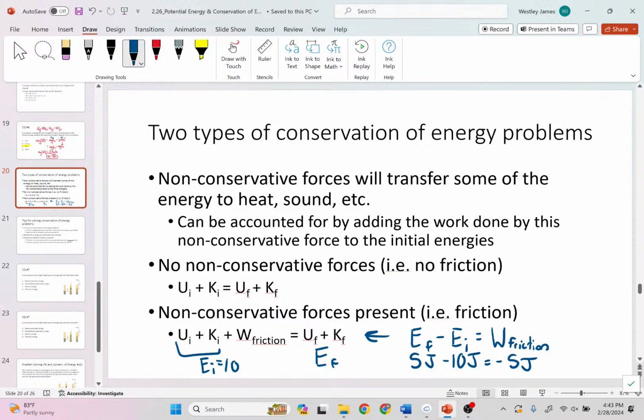It is impossible to end with more energy than you started with. Again, you could say something added it, then okay, that should be in our equation somewhere. Technically I could also put that someone pushes something and it adds energy, but that won't be a specific example. So if I started with 10 joules and I ended with 5, then this work due to friction ends up being a -5. So we get the right sign when we put it on the right side.